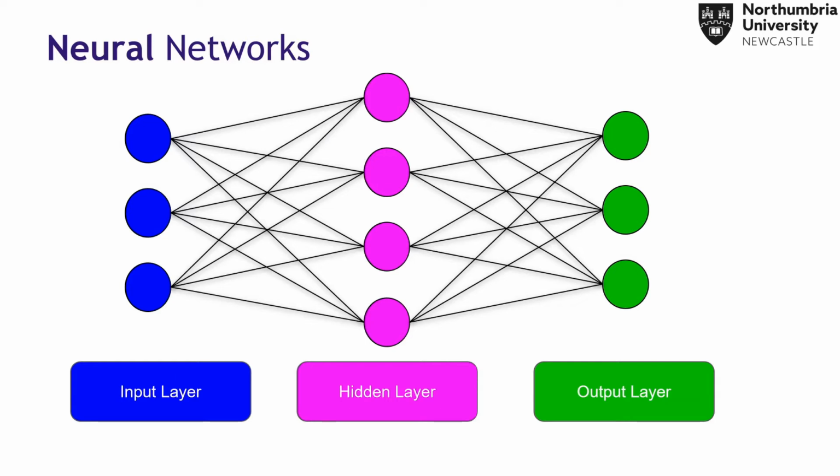So this is a very basic neural network. It's called a multi-layer perceptron, and it starts with an input layer, which is going to be where you put your data in. We're then going to have a hidden layer, and this is what we were talking about before, where we don't know exactly what is going on within this layer.